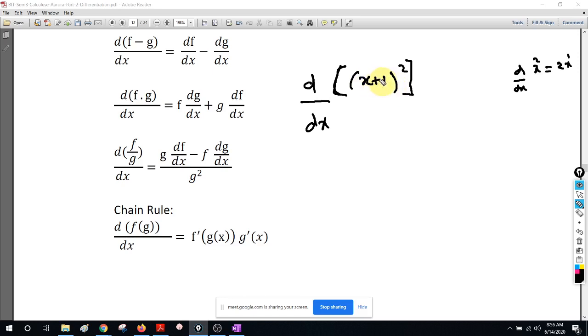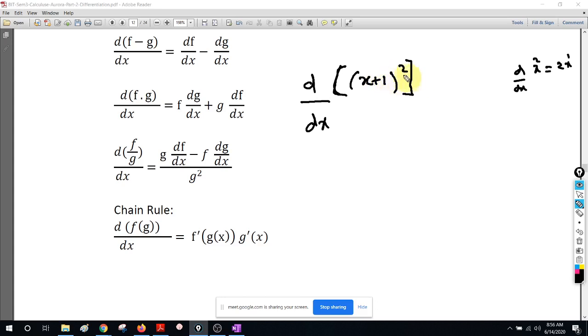If you just look at it, all of a sudden it becomes d by dx x squared. You know that d by dx x squared is 2x. So look at what I am doing closely. I am using the chain rule. I am just thinking of x plus 1 as x. Then you see it as x squared.